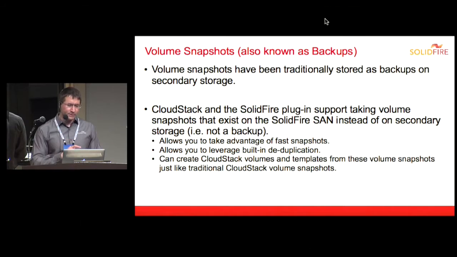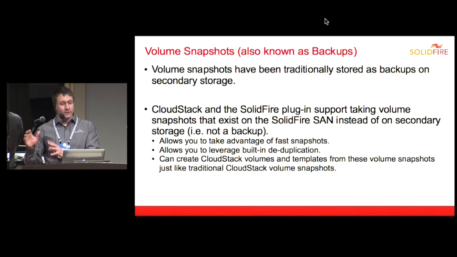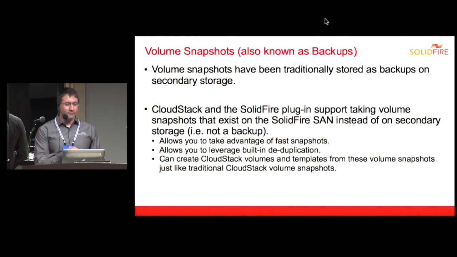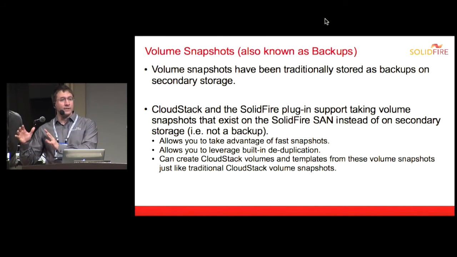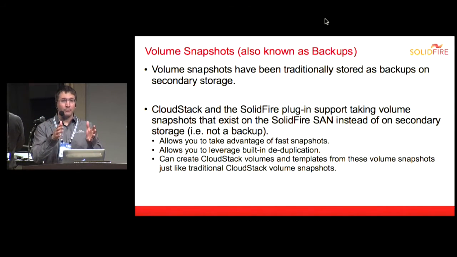Volume snapshots are what a lot of people call backups. You take a volume snapshot, and it's a copy of your virtual disk image that's placed on secondary storage. One of the things I've been working on, especially with XenServer and ESX, is to take snapshotting off of secondary storage and be able to put that on primary storage. I'll be done in 2 seconds, sorry about the time.